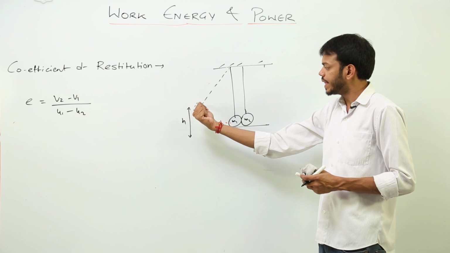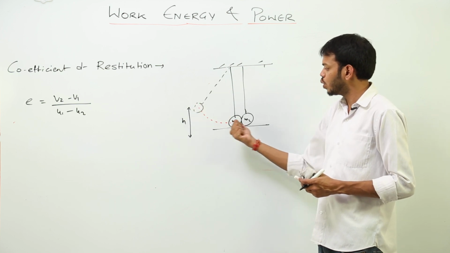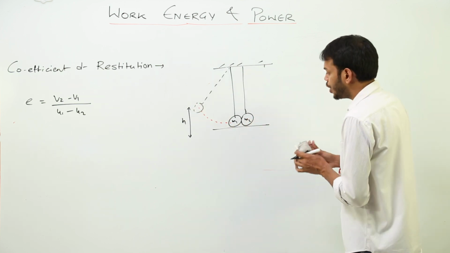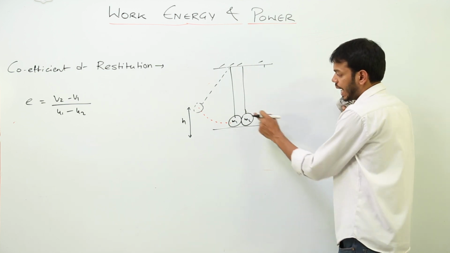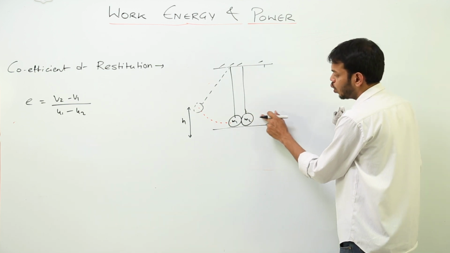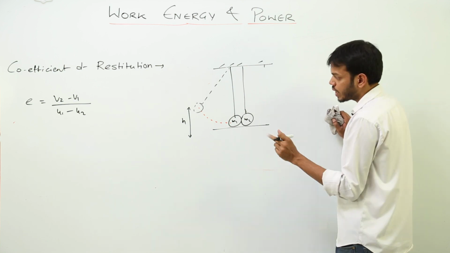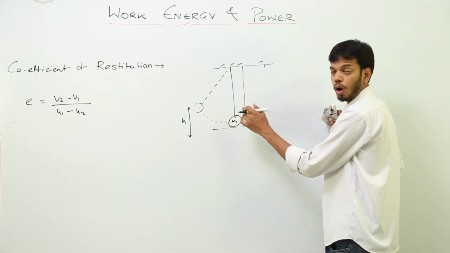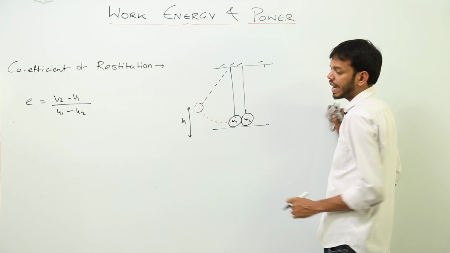What will happen? This body is going to strike mass m2, due to which two things will happen. m2 will gain energy and go in this direction. Also, m1 is going to bounce back after hitting m2, it will go back in this direction.